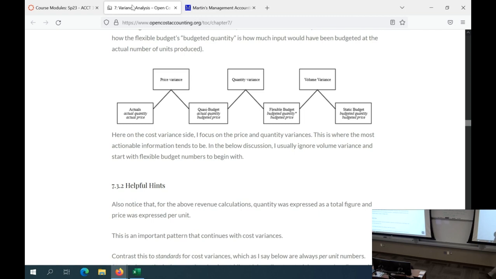And we're almost out of time, but let me just tell you why that's important. Not because I'm going to ask you a question about that, but because you're going to be tempted by the static budget. I've never been tempted by a static budget. You will be. Trust me. They're very convincing. What you'll be tempted to do is to calculate quantity variance by comparing this to this.